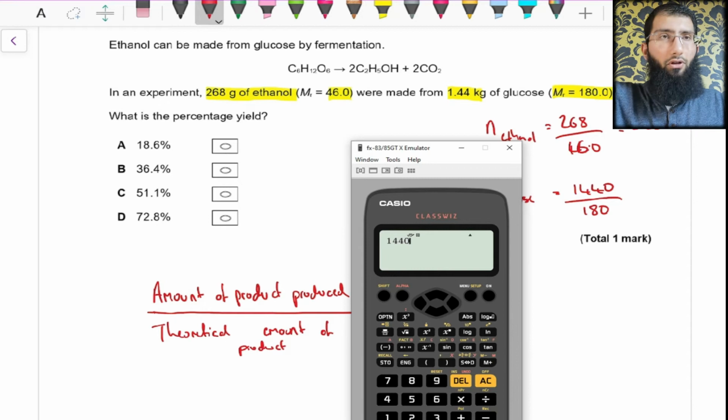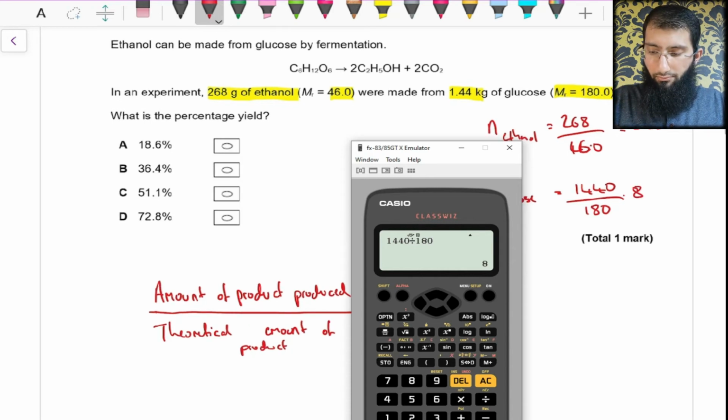Sorry, that was the moles of ethanol, not glucose. The moles of glucose will be 1440 divided by 180, and that gives us 8 moles.